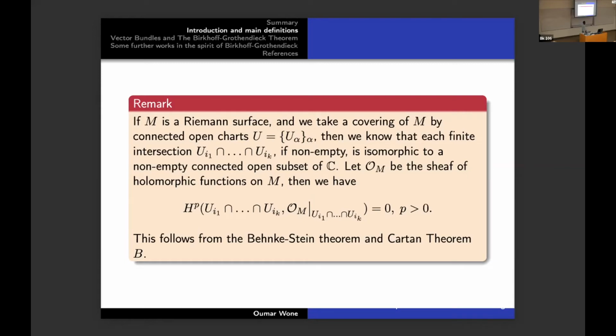And from the Cartan B theorem, we know that the higher cohomologies of a coherent sheaf vanish. So in this instance, we have an example of a good cover.